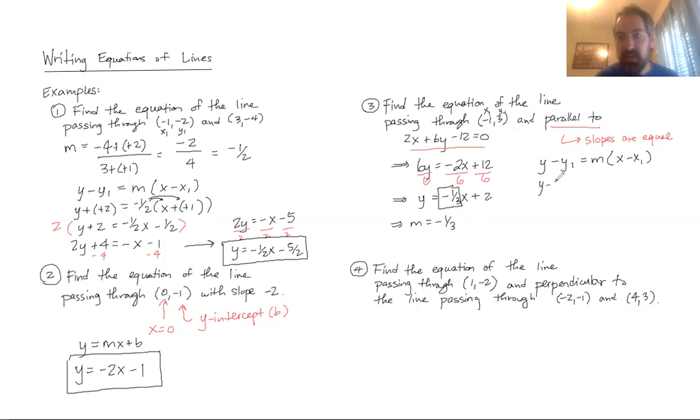So y - 3 = -1/3 times (x minus a negative 1). I'm going to change that minus and negative to a plus. Go ahead and do that. So we have y - 3 = , distribute the -1/3.